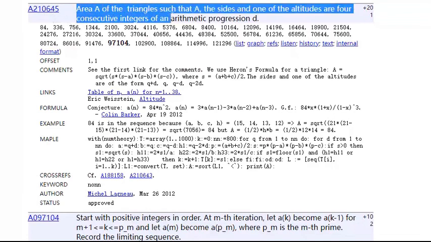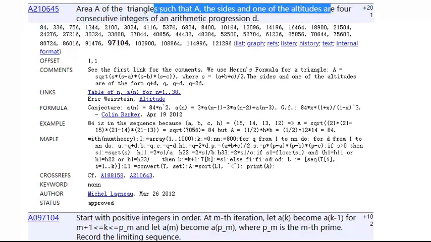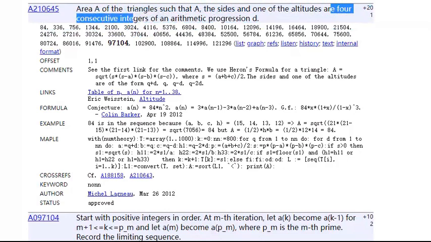Area A of the triangles, such that A, the sides, and one of the altitudes are 4 consecutive integers of an arithmetic expression D. So basically, we're looking for a triangle like this.